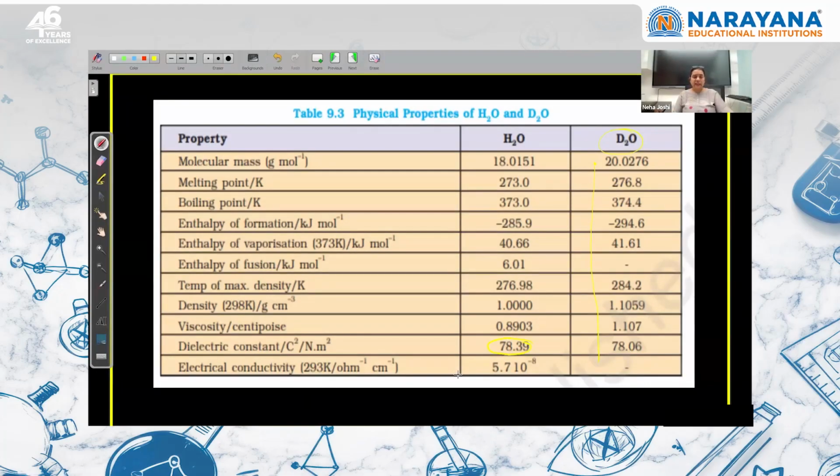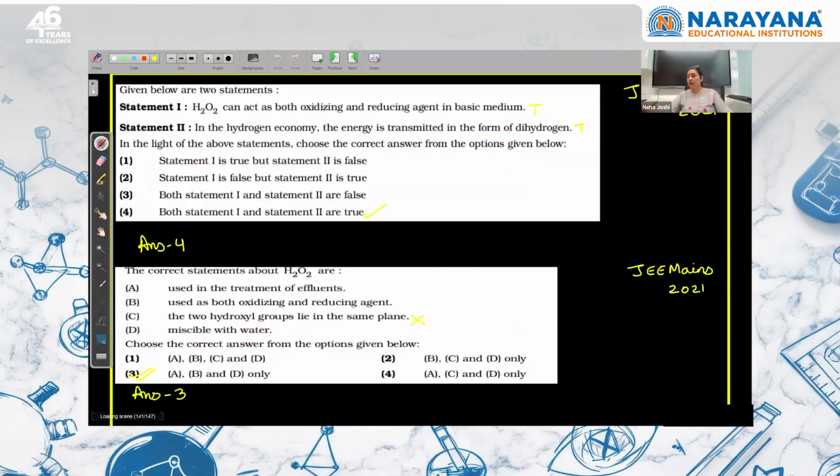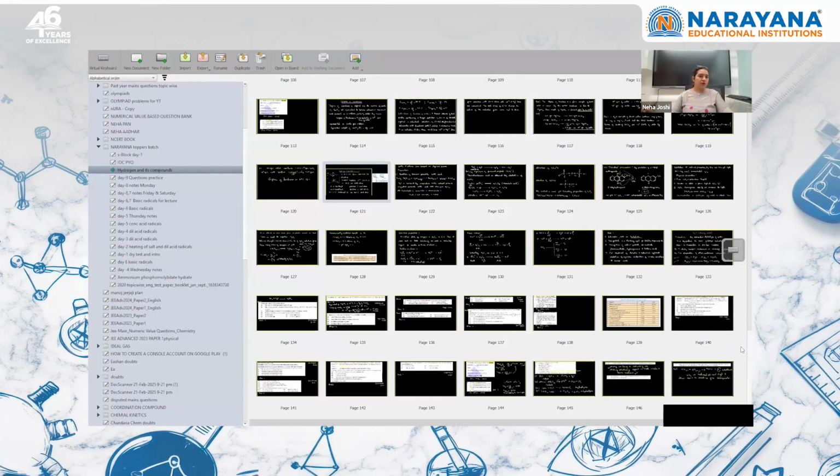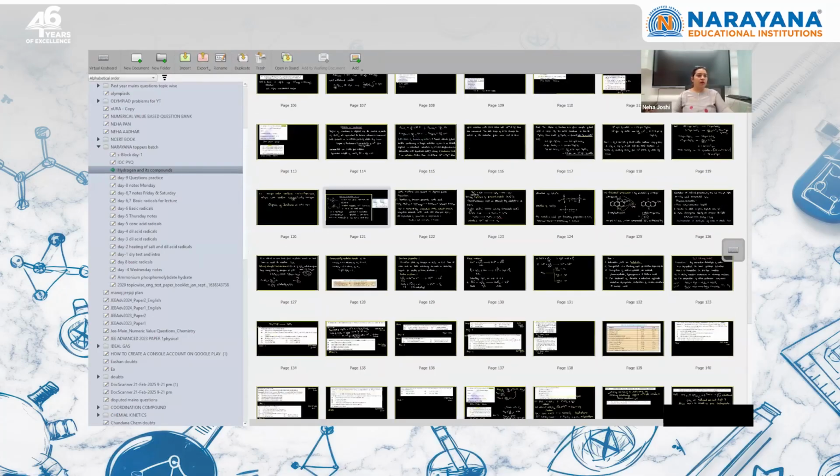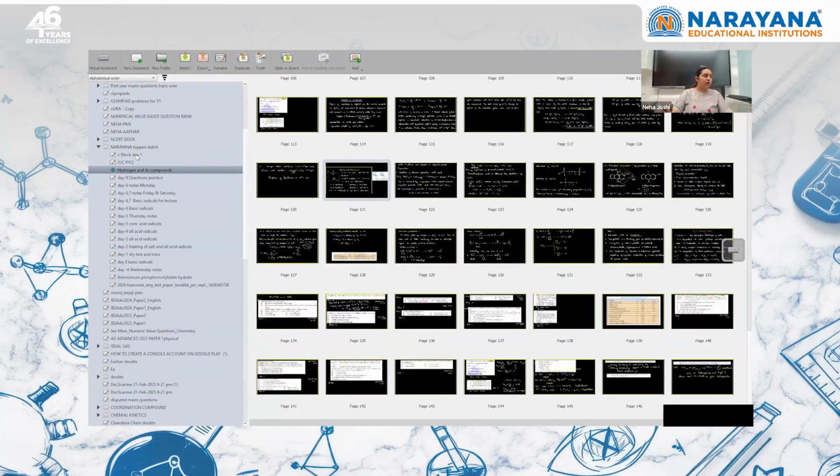We have already discussed this yesterday also. And again in D2O, I am reiterating that except for the dielectric constant, for all other properties, higher mass, higher the numerical value of that property. So that brings us to the closure of hydrogen.